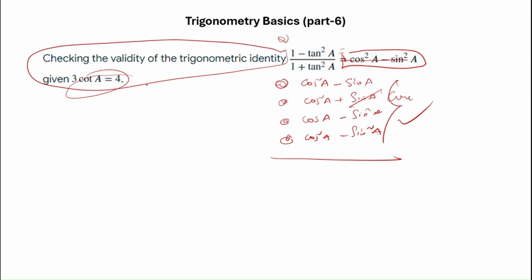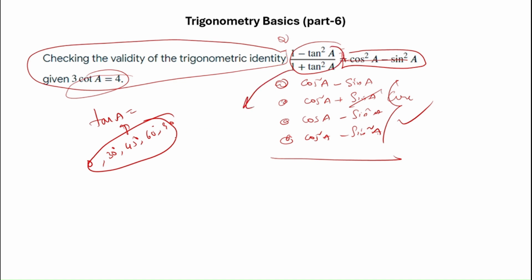Now, for example, if you know a particular value of tan A, A may be 0, or 30 degrees, or 45 degrees, or 60 degrees, or 90 degrees. If you know that, then automatically you can find this expression by substituting the trigonometric value.